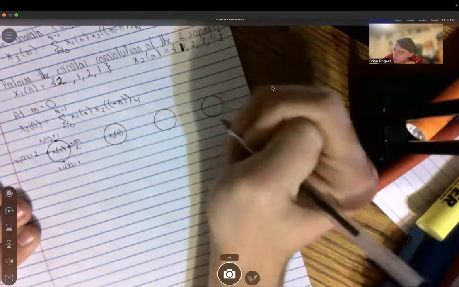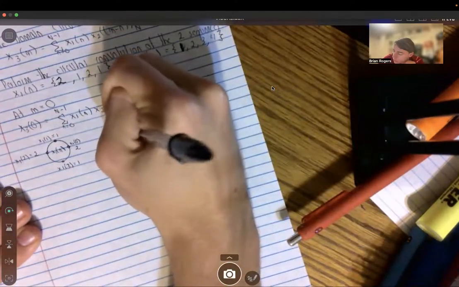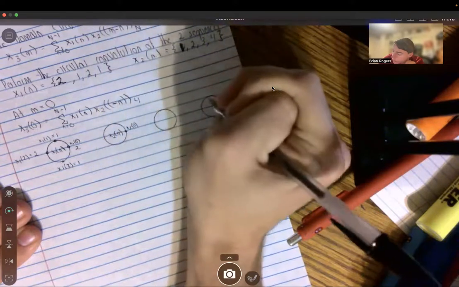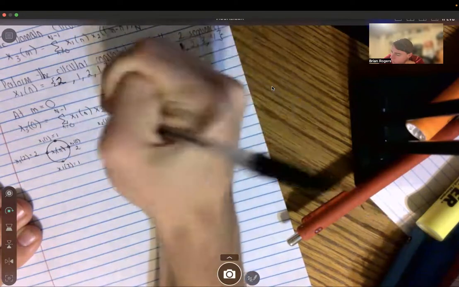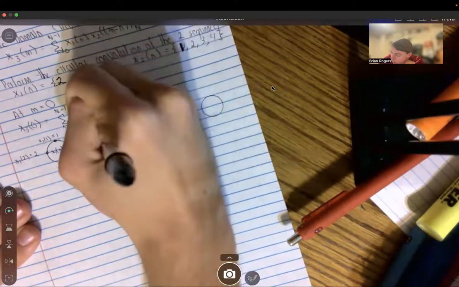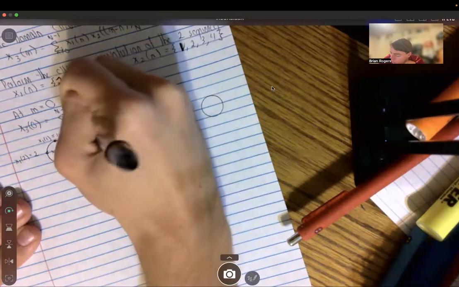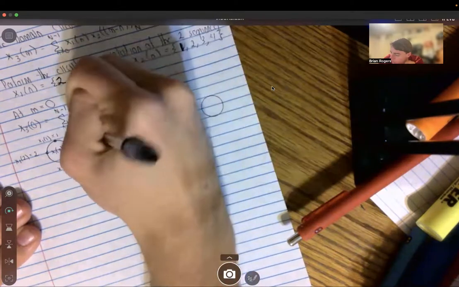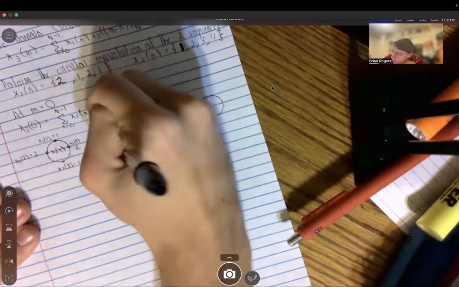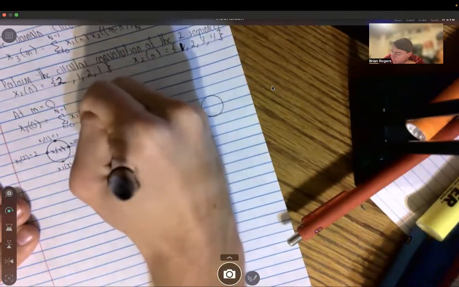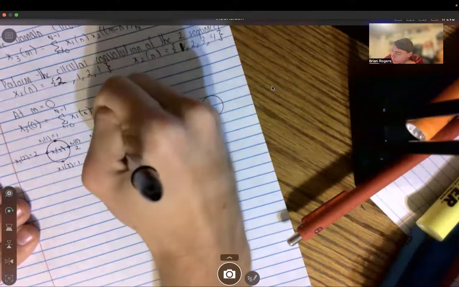And then my x2 of 0 is going to equal 1. My x2 at time step 1 is going to equal 2. x2 at time step 2 is going to be 3. My x2 at time step 3 is going to be 4.